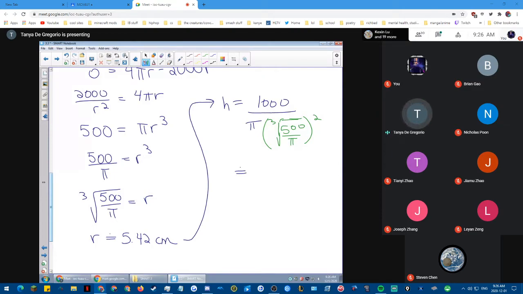And tell me what that's approximately equal to. And I know you guys already know this, but remember for pi, you're using the pi button in your calculator. You are not using 3.14. Okay, you're using the pi button in your calculator. So what do we get here?